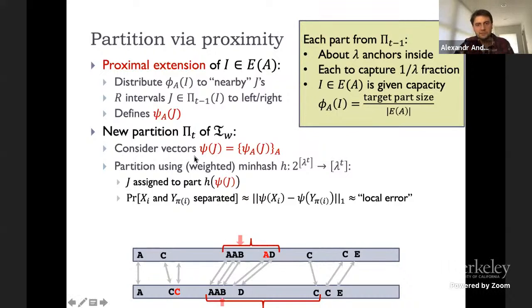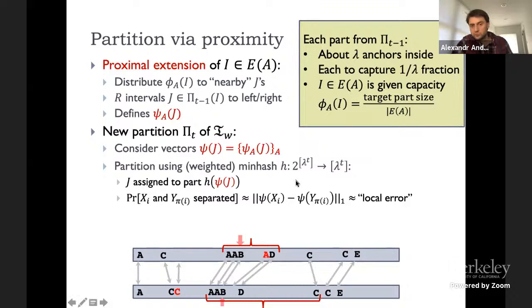That basically means that each substring, every possible substring, will have a vector of numbers that corresponds to how desired it is by an anchor and its strength. Okay, and when we do the partitioning, we think about this as a weighted set, and we apply min hash basically to assign things to the partition.